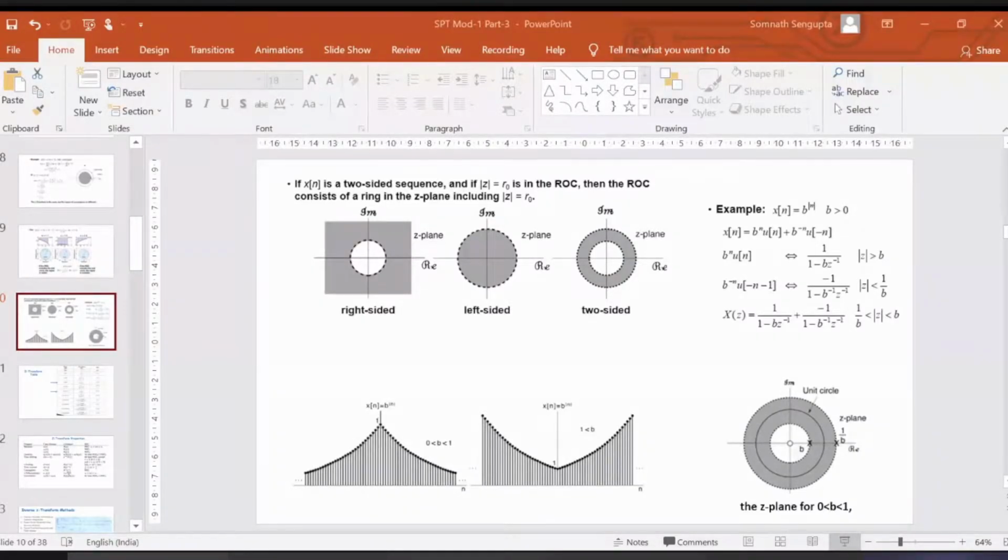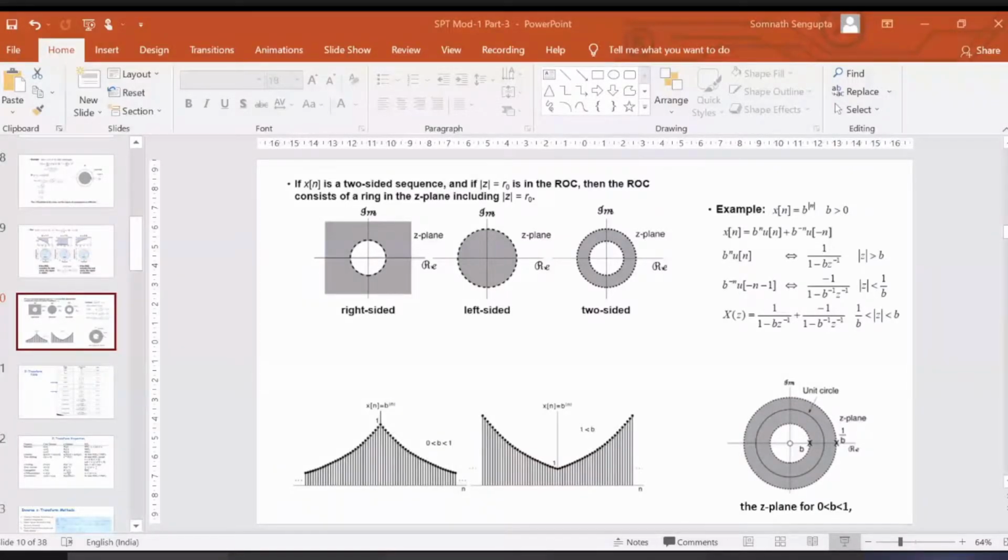When n is minus 2, it is 1 by b square. So this way we get the values.